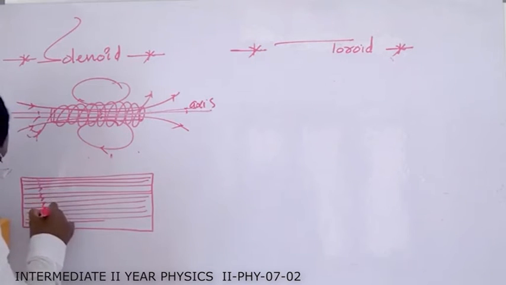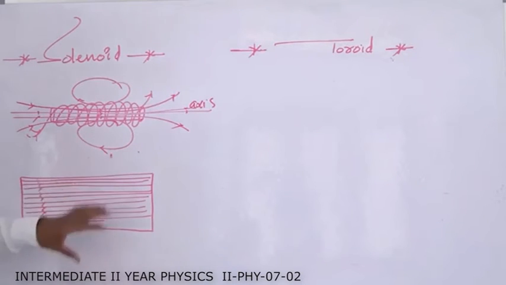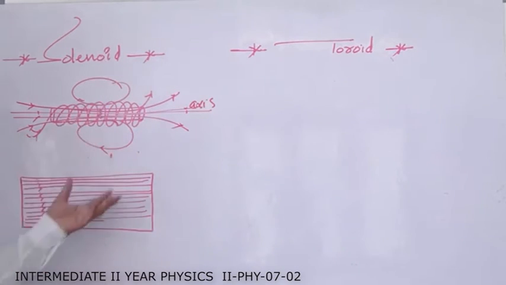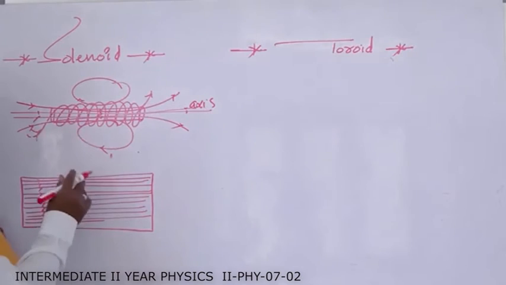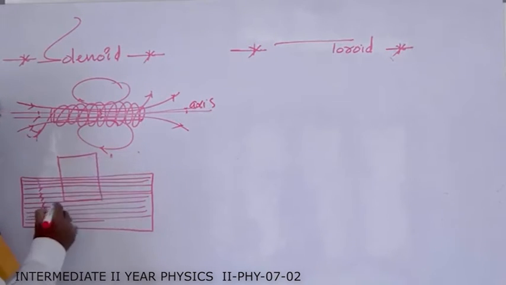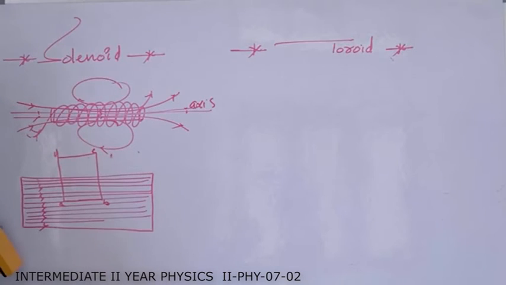Now we want to estimate the magnetic field produced in the solenoid. By using Ampere's circuital law, imagine a closed loop in this magnetic field. Let us consider a closed loop ABCD.